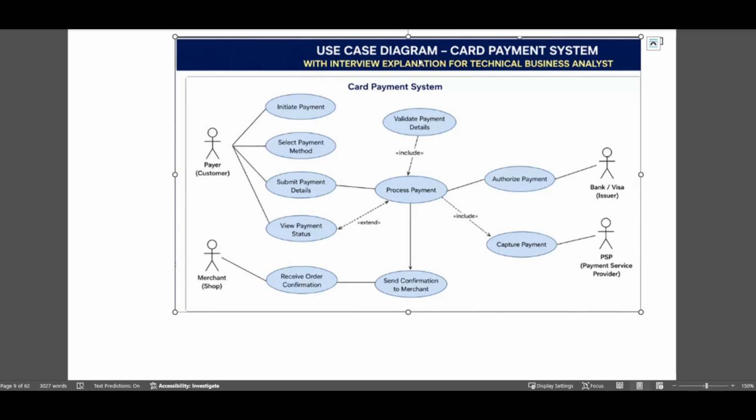So let's look into the use case diagram and understand it in detail. These are the actors: customer, merchant, PSP, bank. These are the different actors. This is how we have to read this use case diagram.